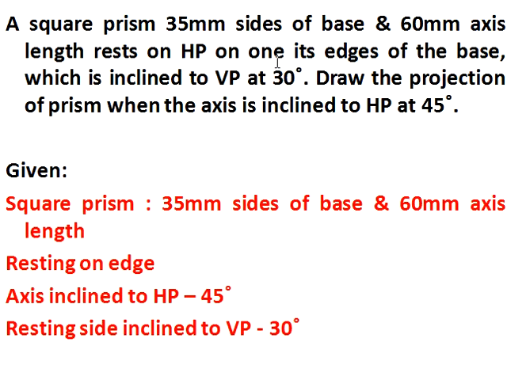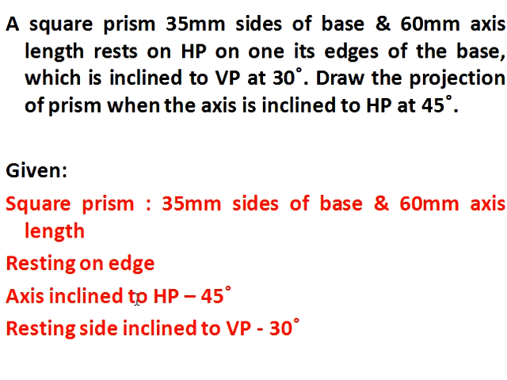So here in the same sentence it is given that it is resting on one of its edges of base which is inclined to VP at 30 degree. That means resting side is making 30 degree with respect to VP. So the given details are, object is given, different dimensions are given. Next thing, you have to identify whether to start from edge condition or corner condition. Since it is resting on edge, we have to start from edge condition.